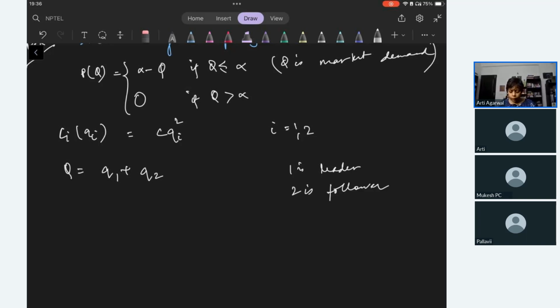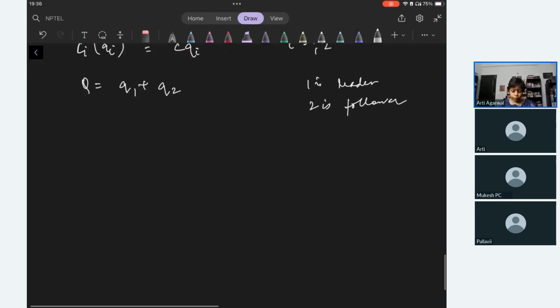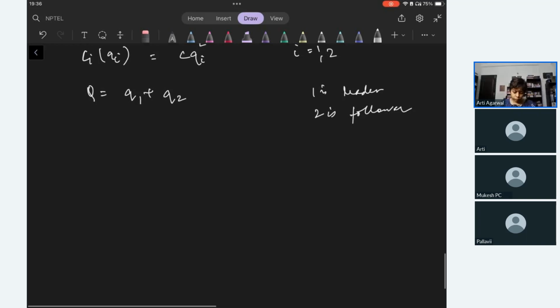All right. Let's draw this in the extensive game form. Here we are taking, of course, Q1, Q2 belonging to the positive real numbers. It can be any number as long as it's positive. So this is your basic setup of the game.